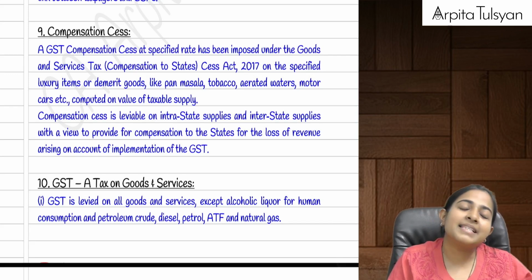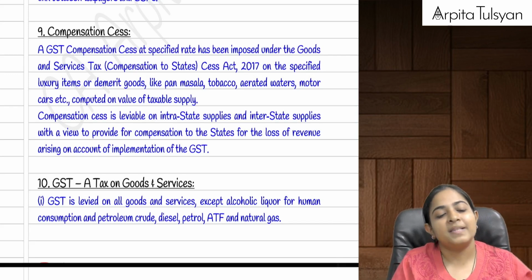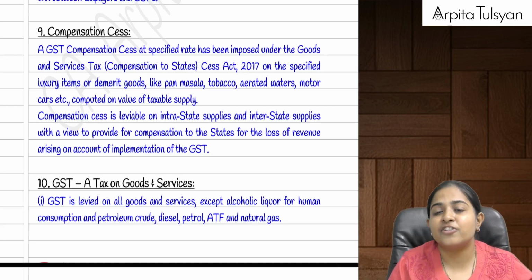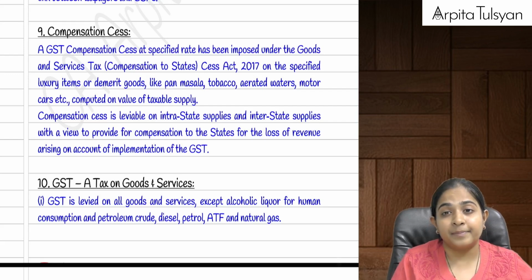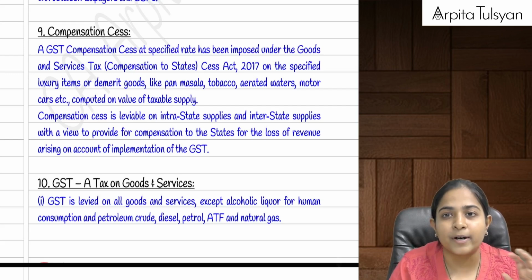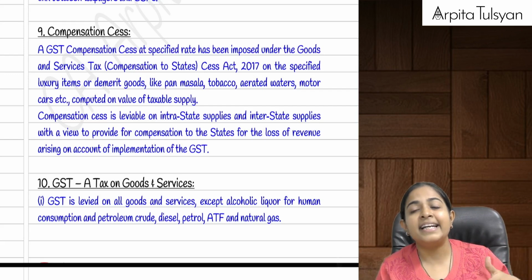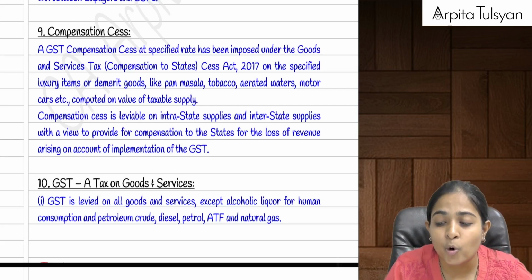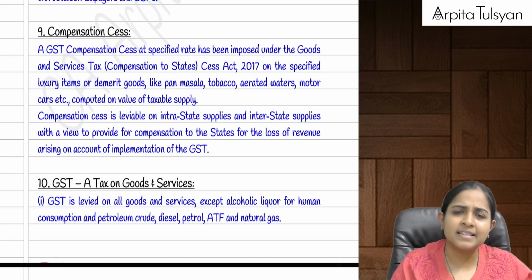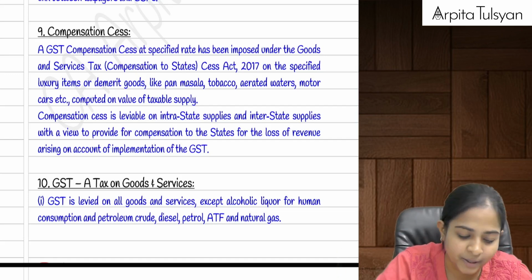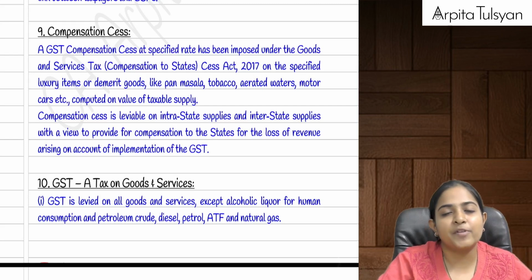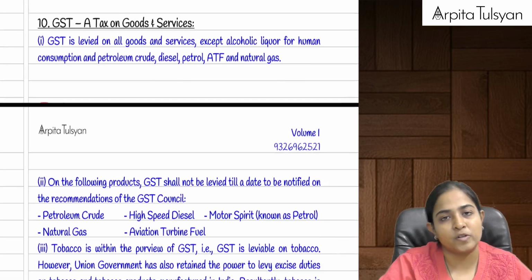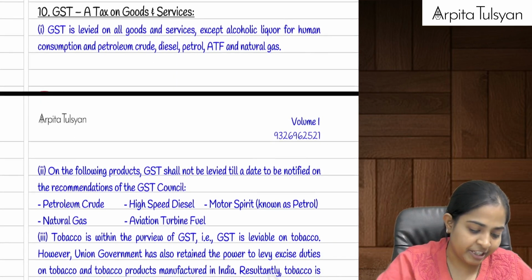To compensate the states, they have come up with this cess called compensation cess, which will be levied on some such products whose sales India doesn't want to promote, example, pan masala, tobacco and all those things. On such luxury products, the compensation cess will be levied and the revenue will belong to the states because they have suffered some losses because of introduction of GST, right?